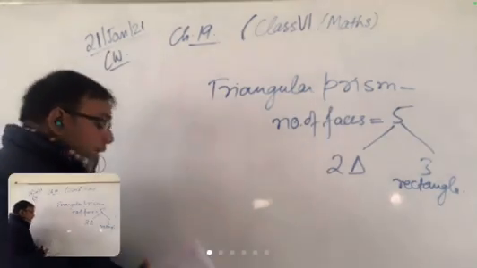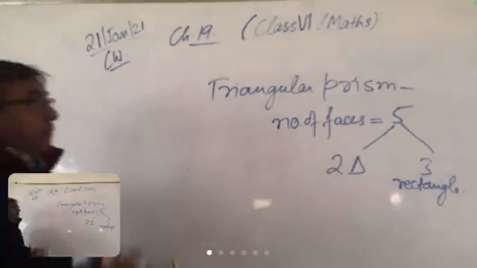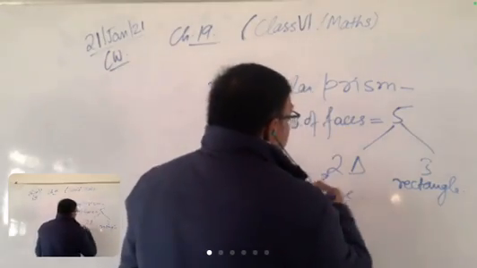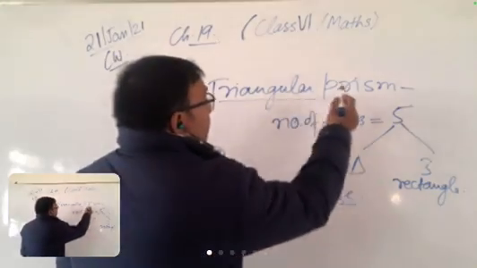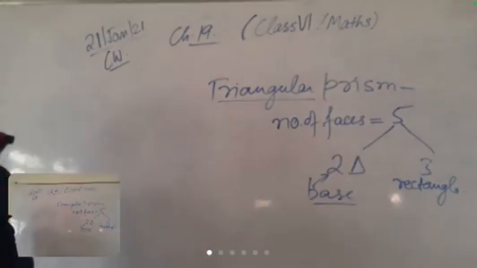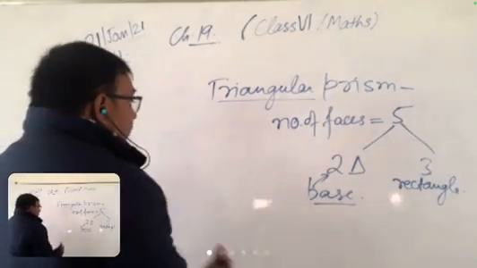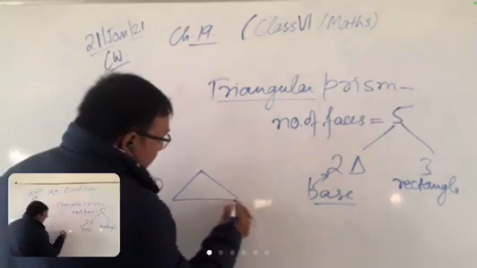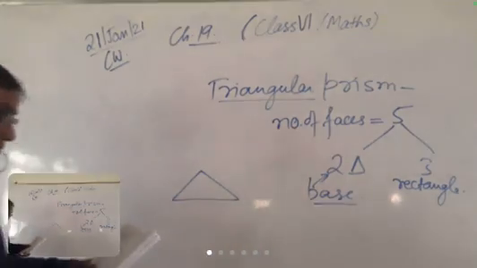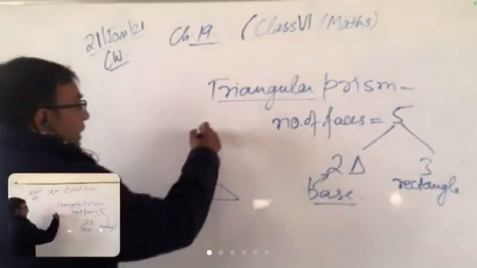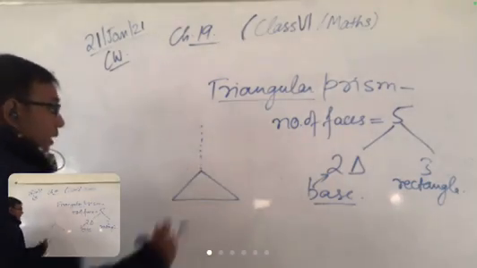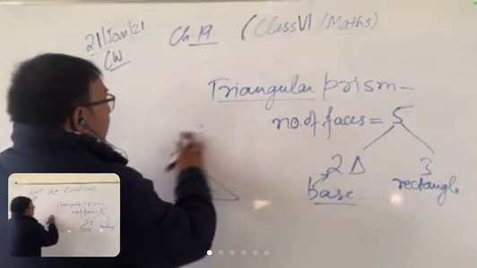Okay, and how do you see the base? Basically, the base is triangular. That is why it is a triangular prism. The base is triangular. So how do you draw? First, you draw a triangle like this. Then you can draw a line here. Or don't, okay, you don't draw the line here.